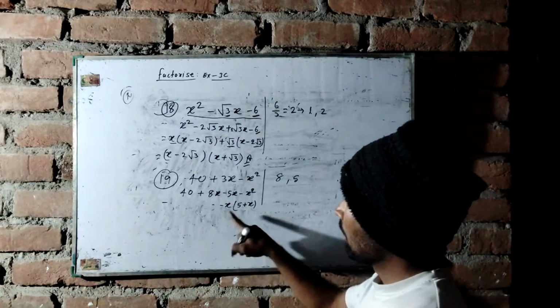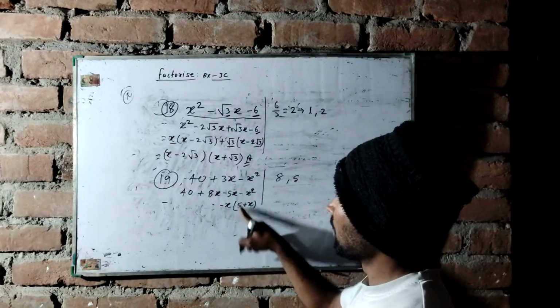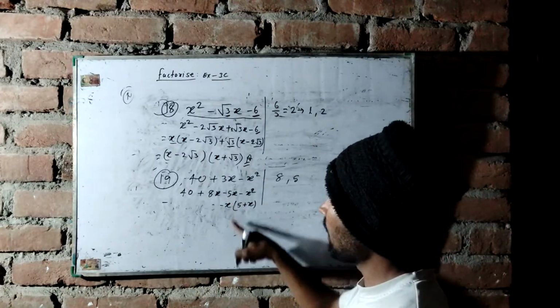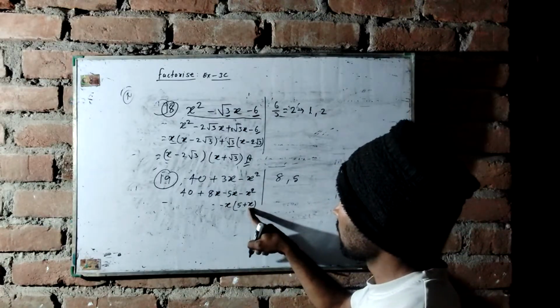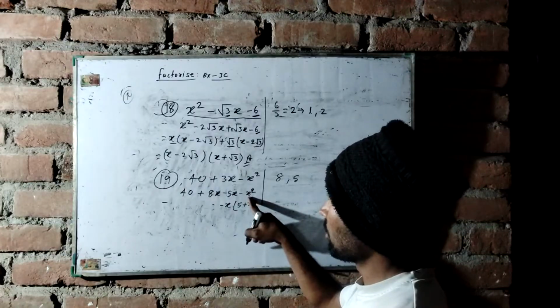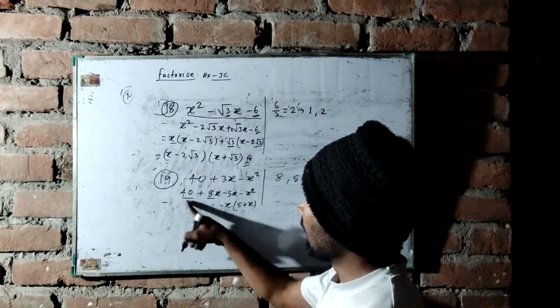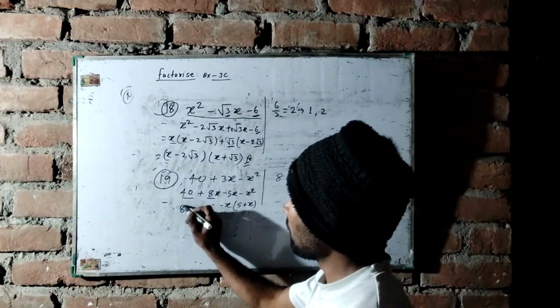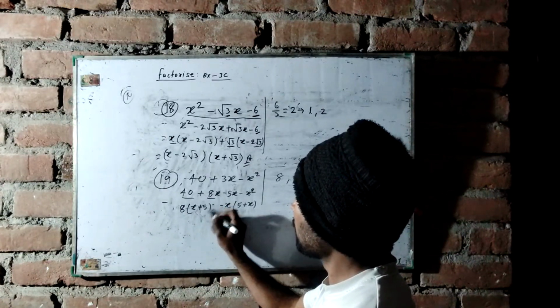Okay, now if you multiply minus x with 5 you can get minus 5x, and if you multiply minus x with plus x you can get minus x squared as a product. So now we can take 8 as a common, and we can write x plus 5 as a multiple.